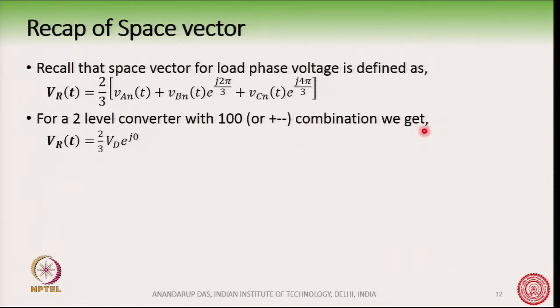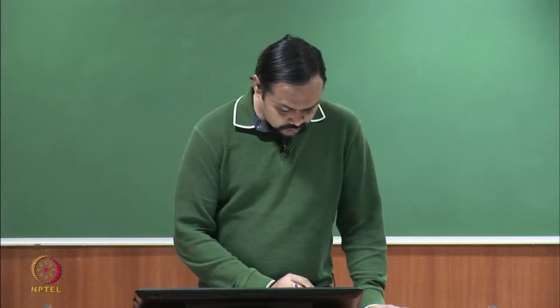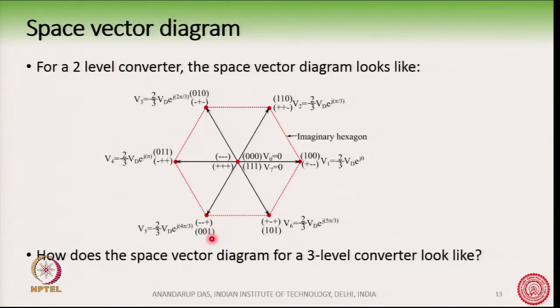We have got the space vector of the load phase voltage as equal to 2/3 Vd e to the power j0, that is at an angle of 0 degree. So, with that we had formed the space vector diagram, which is now shown here.